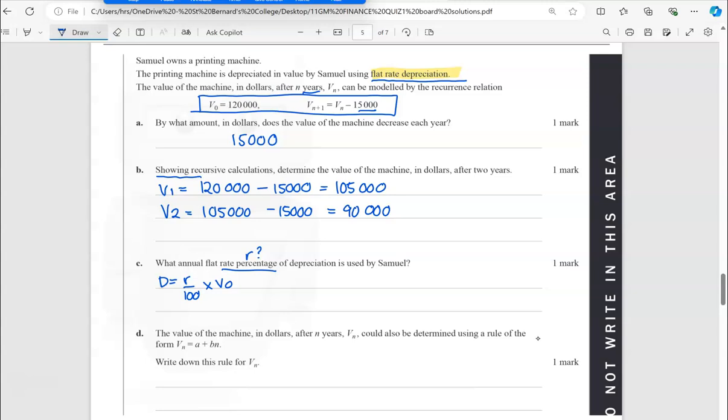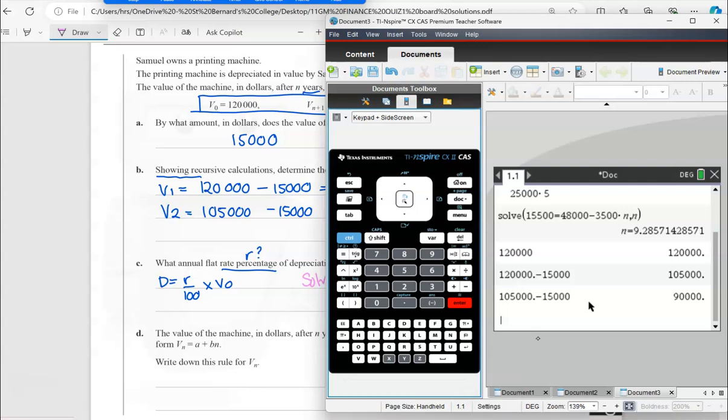What was D in this scenario? What's it going down by every time? 15,000 equals r, I don't know, times what's VO? 120. What will I do at this point? Good. So I'll use solve, comma r. So r equals, so what do we get? If we do that, menu 3, 1.